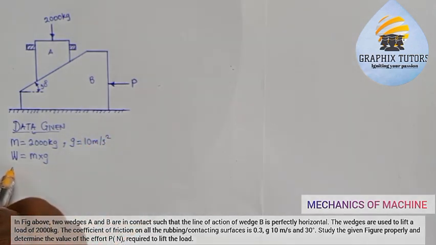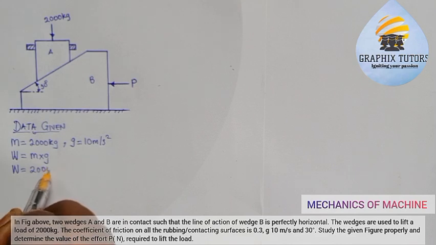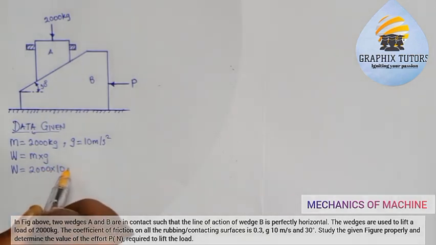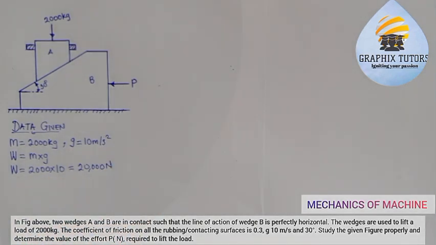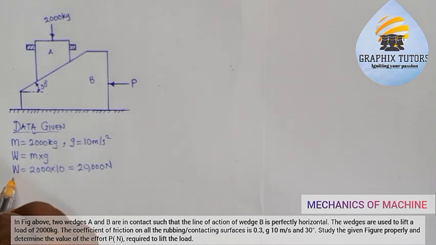So my weight W will now be 2,000 multiplied by 10, and that's going to give us 20,000 Newton. So my weight is 20,000 Newton.